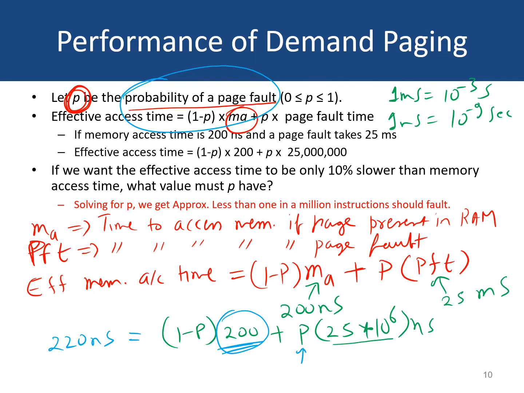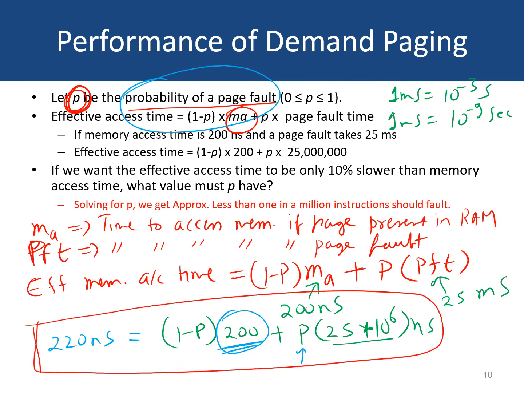If you work out and solve this expression for the value of P, you will find that less than 1 in a million instructions should create a page fault to make sure that the overall memory access time is at most 10% slower than 200 nanoseconds. If a greater fraction of instructions are faulting, then there would be a greater slowdown.